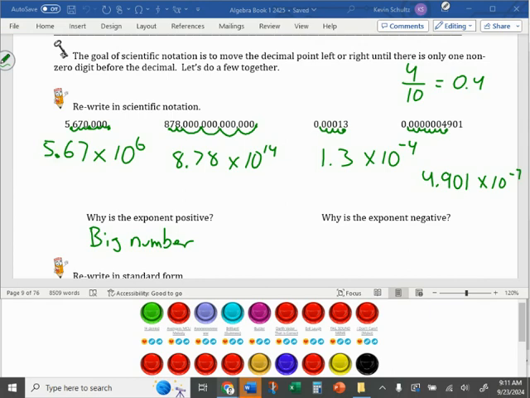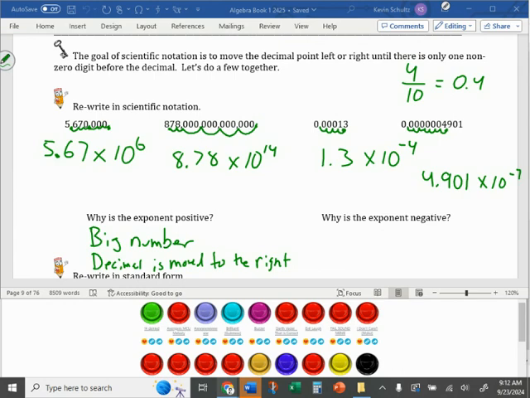What else does it tell you, as far as which direction the point gets moved? Going left, going to the right. Yes. The decimal is moved to the right to get back to the original number. Okay? Get back to the original number.